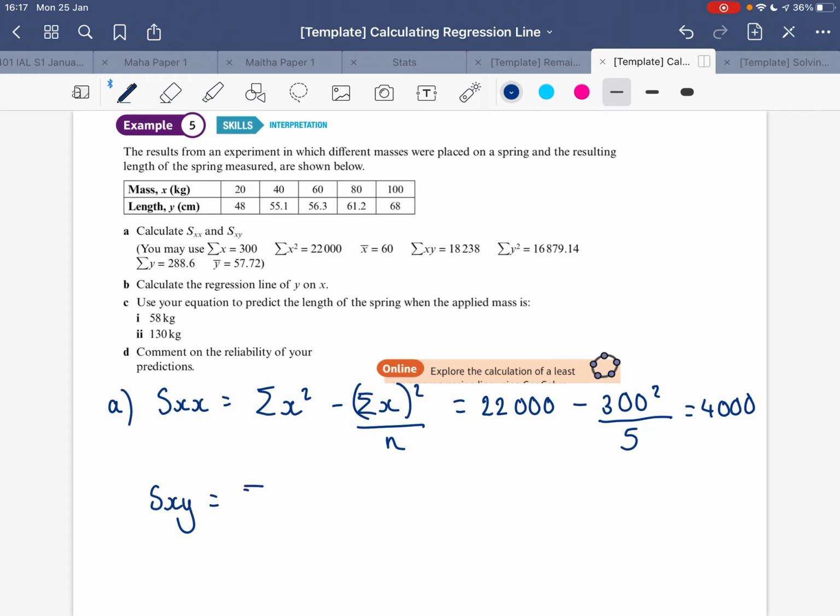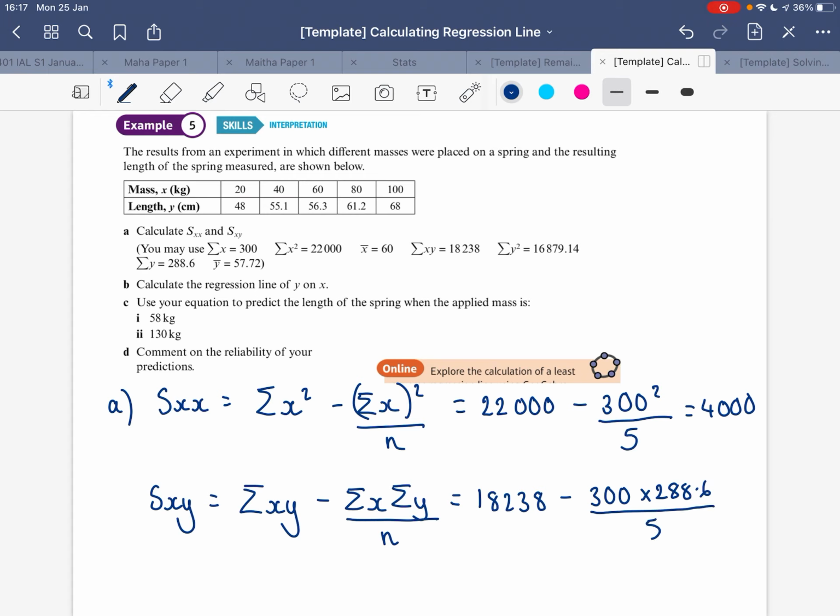Sxy is the sum of xy minus the sum of x times the sum of y over n. So the sum of xy is 18,238, minus the sum of x is 300, the sum of y is 288.6, and we're still dividing by 5 because there are still 5 pieces of data.